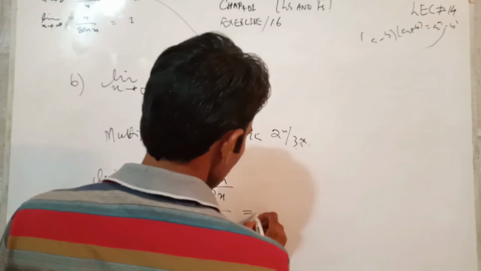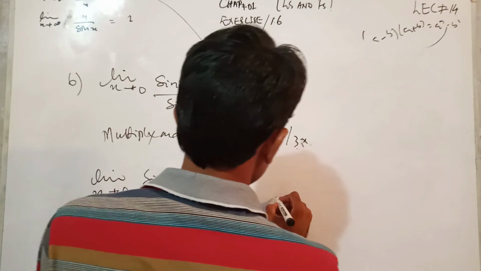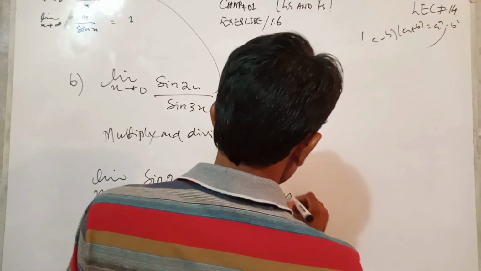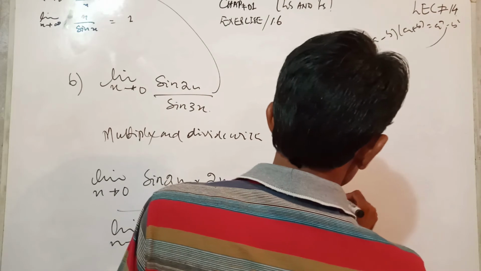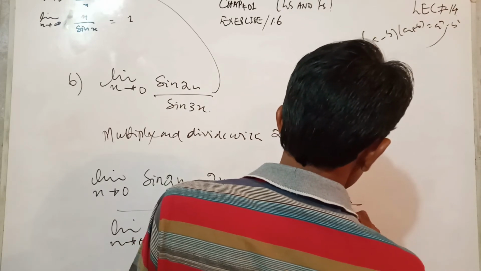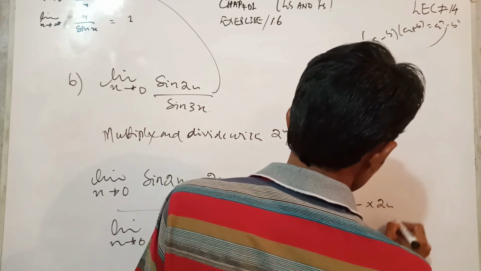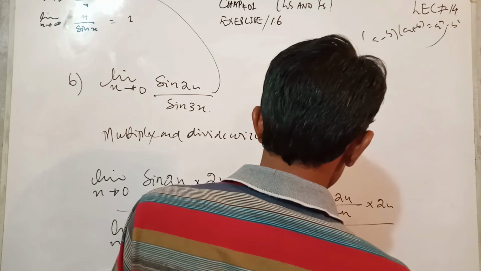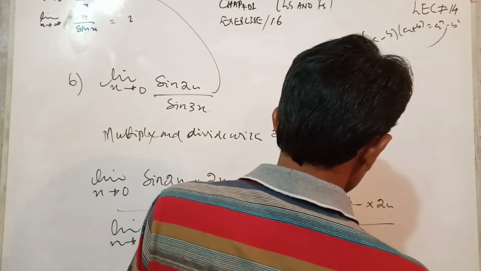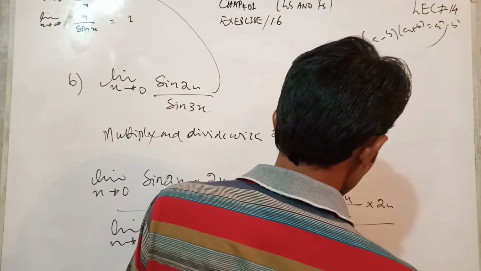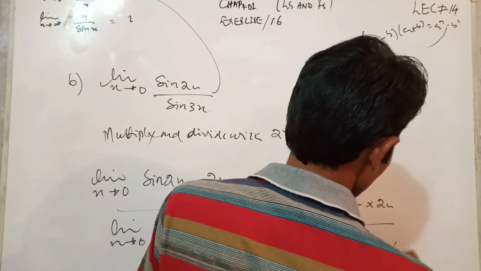Later on we will apply the formula. So now limit x approaches to 0 sine 2x divided by 2x multiplied by 2x, in the denominator limit x approaches to 0 sine 3x divided by 3x multiplied by 3x.